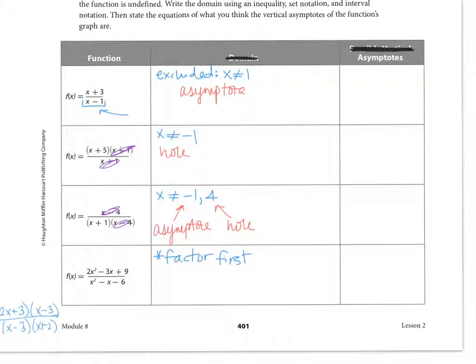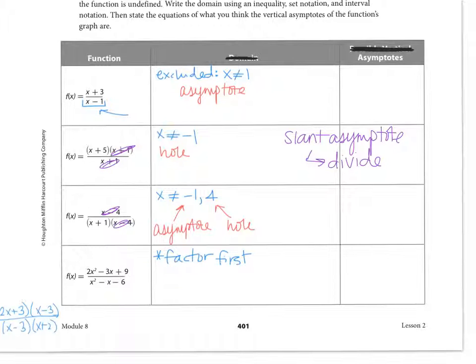So in this second one, for example, because the top has a bigger degree, it has more x's, it is going to have a slant asymptote. To get our slant asymptote, we're going to have to divide, and we'll talk about how to do that here in a minute.